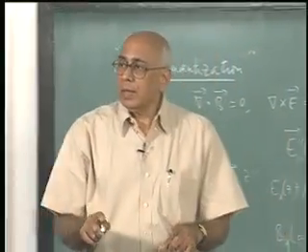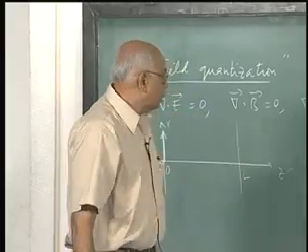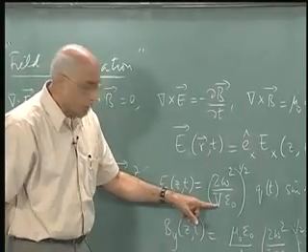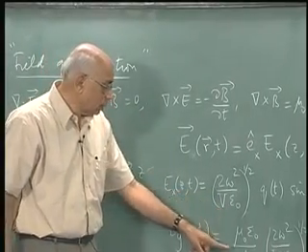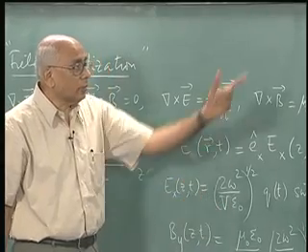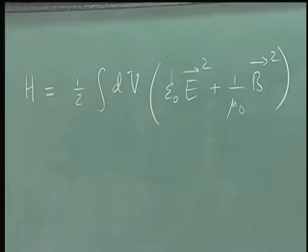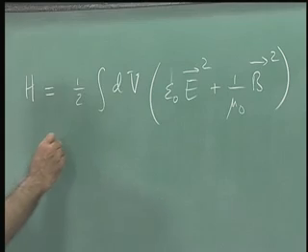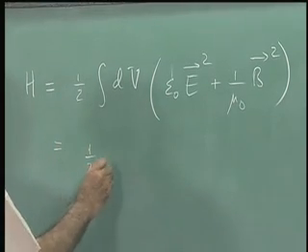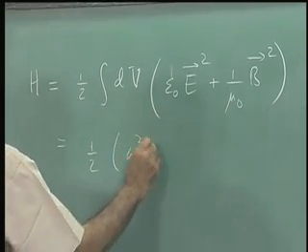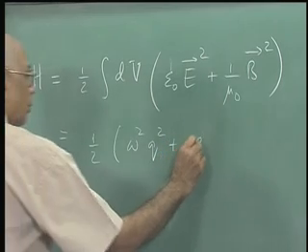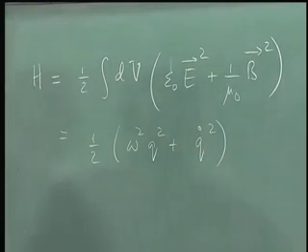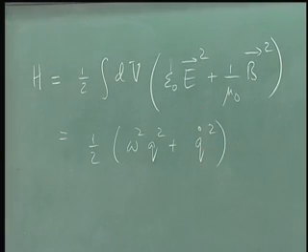And you put this in and perform the volume integration. We have conveniently chosen things so that you get a 1 over V to the half here, and when you square it you get a 1 over V, which cancels the volume integral there, and then when you do this you end up with 1/2 (omega squared q squared plus q dot squared) with precisely this.